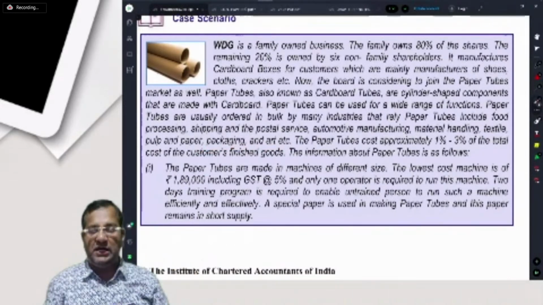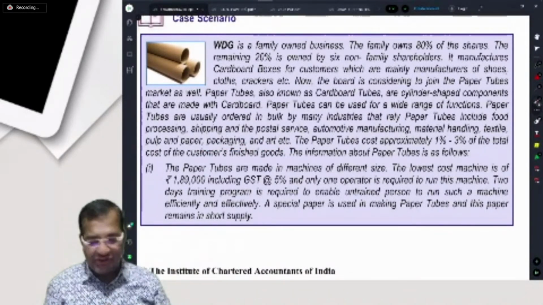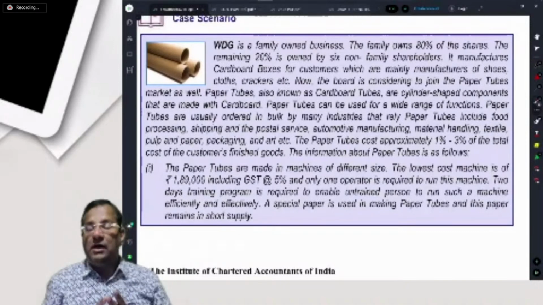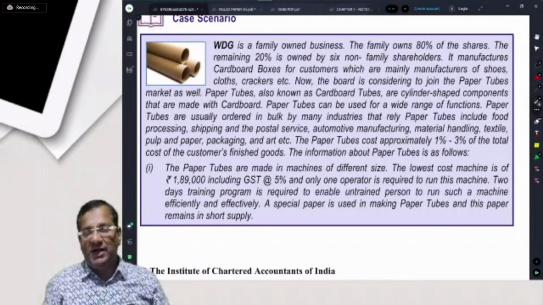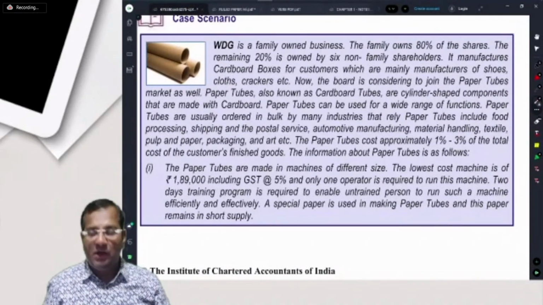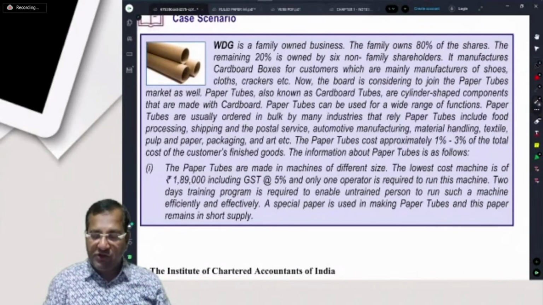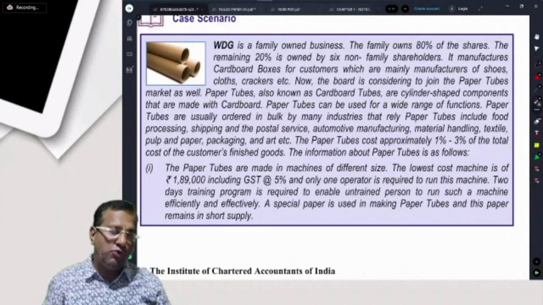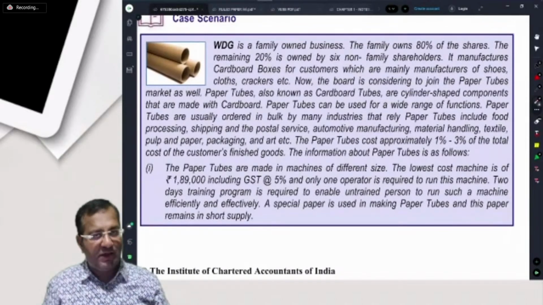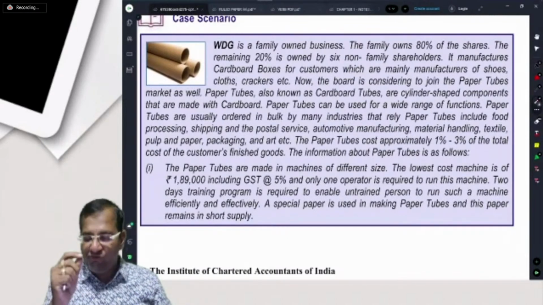The name of the company is WDG. 80% of the shares are held by the family, and 20% by non-family members. Currently, the product is cardboard boxes. Customers are manufacturers of shoes, cloth, and crackers. Now we want to enter an altogether different industry, cardboard tubes, made of paper.